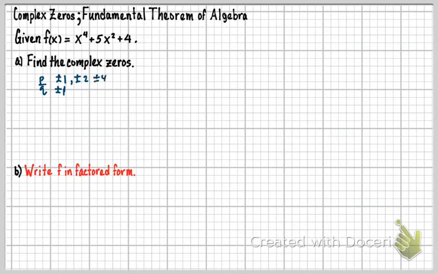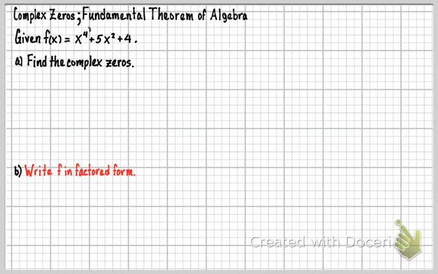If I go through those, I'll realize that when I plug them in, since these are even degree polynomials individually, it's always going to result in a positive number, so I'll never get a 0 this way. That tells me I'm not going to deal with a rational zero here. So the quadratic formula is definitely the way to go.